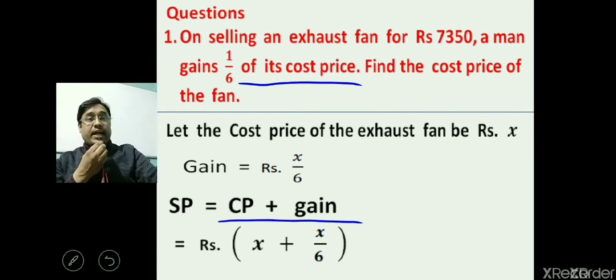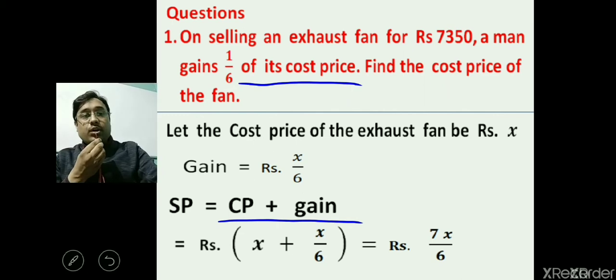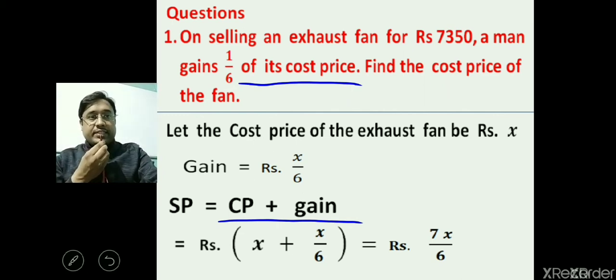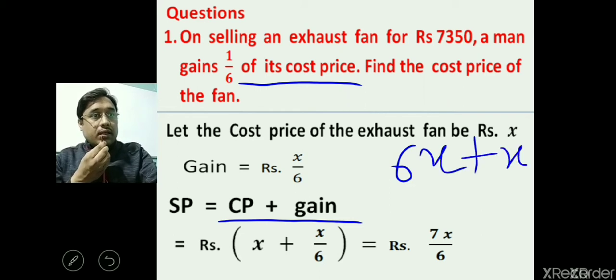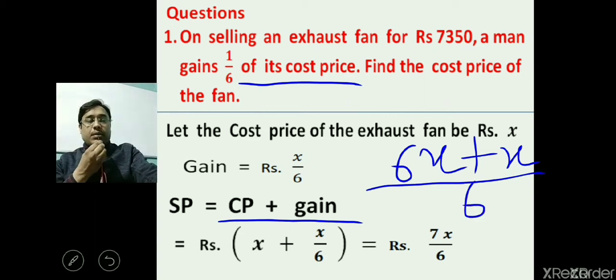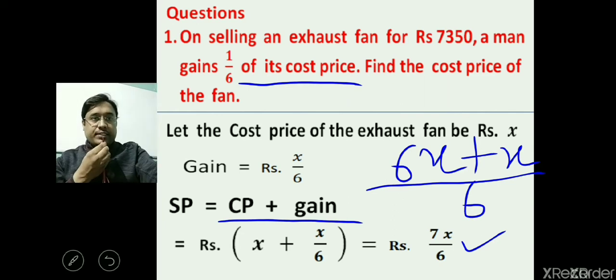So you will write X plus X by 6, and solving you get 6X plus X by 6, which is 7X by 6. That is the selling price of the exhaust fan, where X is the cost price of the fan.